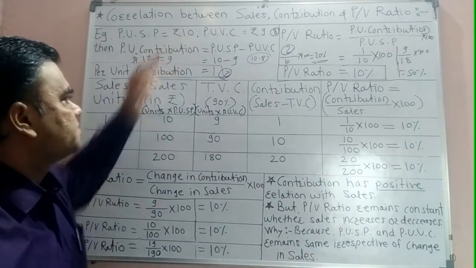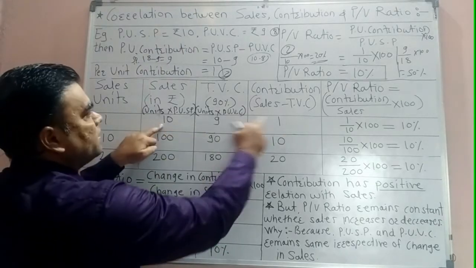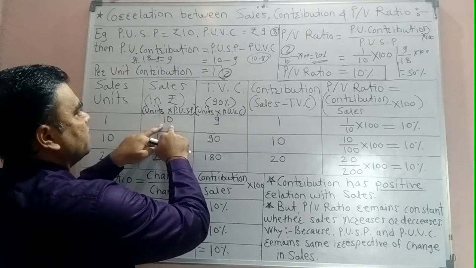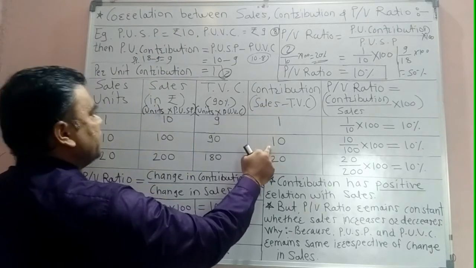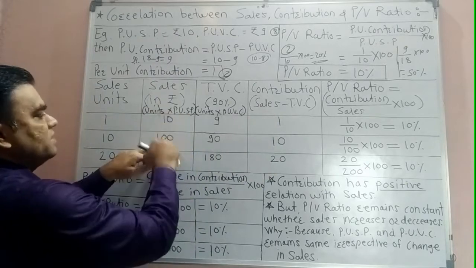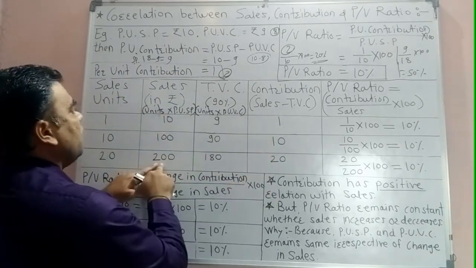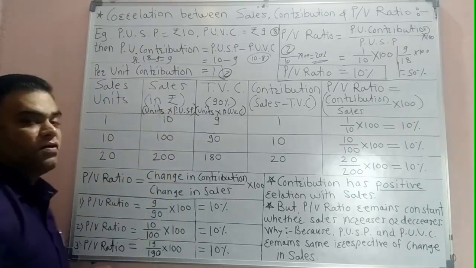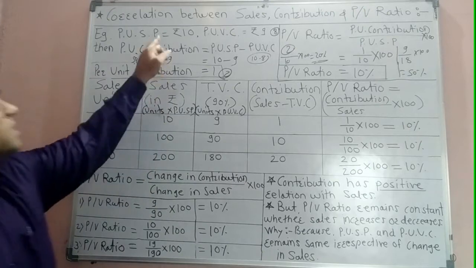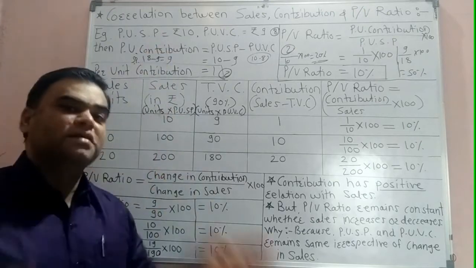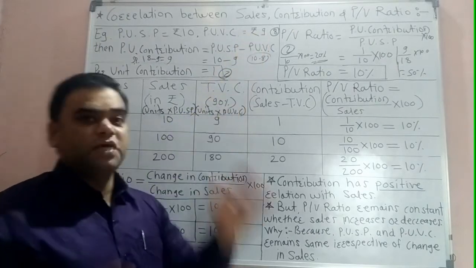You can see your contribution is always 10% of sales. You can see 1 is 10% of 10 sales. 10, that is contribution, is 10% of 100, that is sales. Here also your contribution 20 is 10% of 200 sales. Why does it happen? Because throughout all levels your selling price is unchanged, and variable cost is also the same, which is 9.